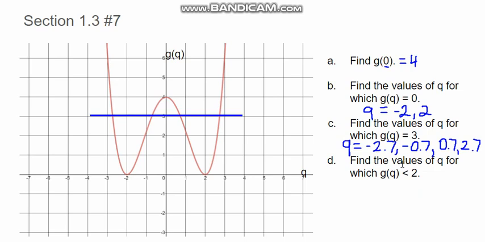And lastly, we want to find the values of q for which g of q is less than 2. Okay, so we'll move our line down to y equals 2. We want to know the region of the graph where the y values are less than 2, so below this line. Okay, and there's 2 regions.